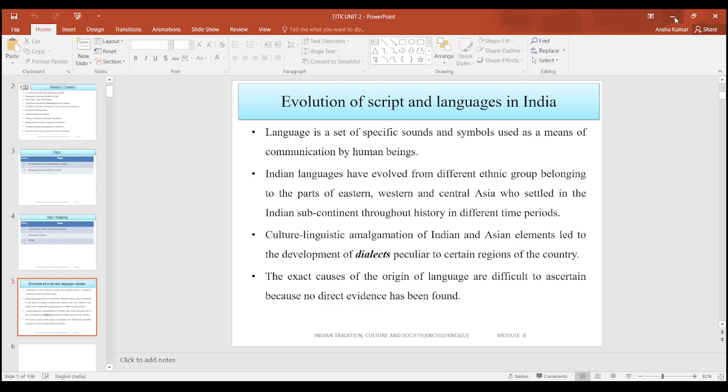So, to summarize the origin of language, Max Muller outlined four great theories.